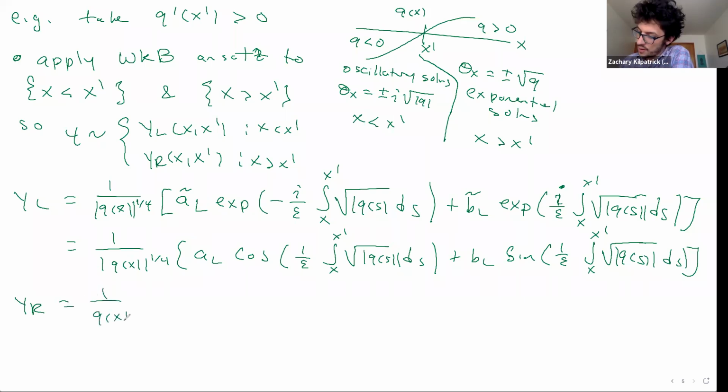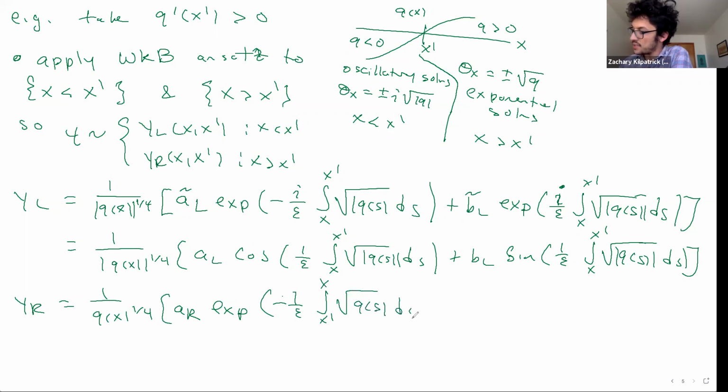So we have 1 over Q of x to the 1/4 times A_R exponential of minus 1 over epsilon integral from x prime up to x of square root of Q of s ds, plus B_R exponential of 1 over epsilon integral from x prime up to x of square root of Q of s ds.